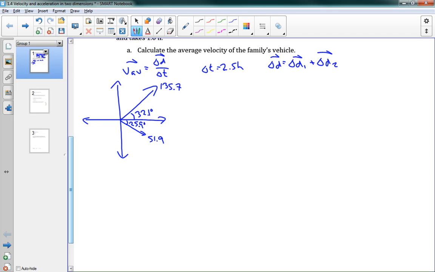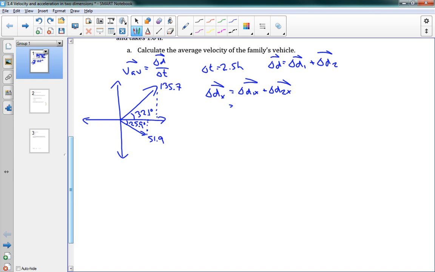Now, to add these together, we're going to break them up into their components, where we have our x and y components. And we add the x components together, displacement 1x plus displacement 2x. So looking at displacement 1, you can see that the x component, we're going to be using the cosine ratio because we have our angle and we're talking about the edge adjacent to our angle.